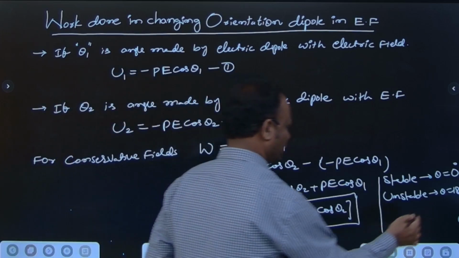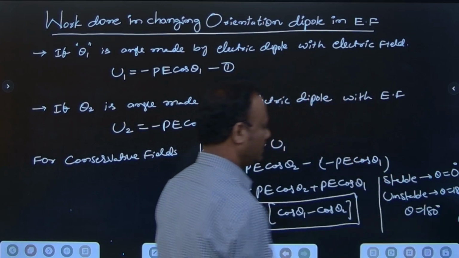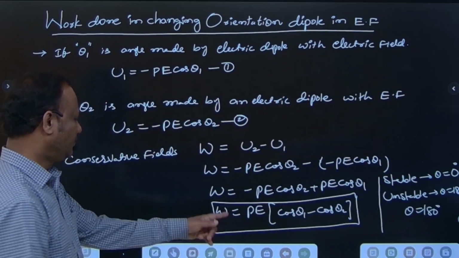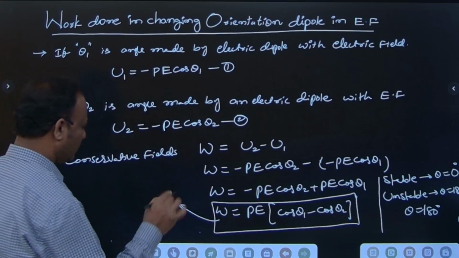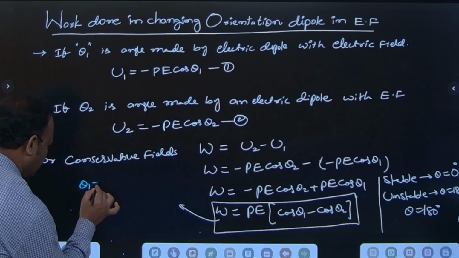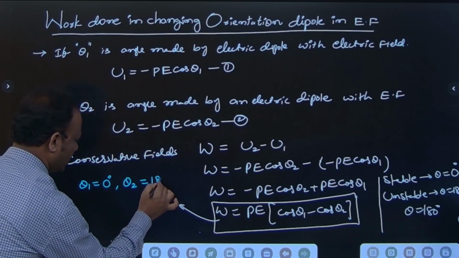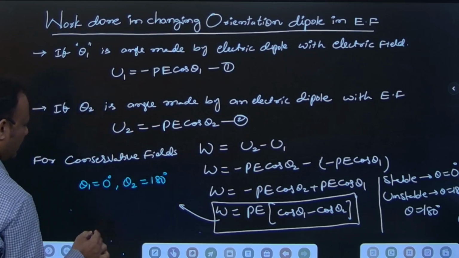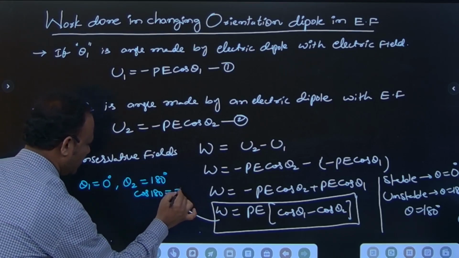For stable to unstable, I'm taking theta 1 as 0 degrees and theta 2 as 180 degrees. Do you know cos 180 is minus 1?